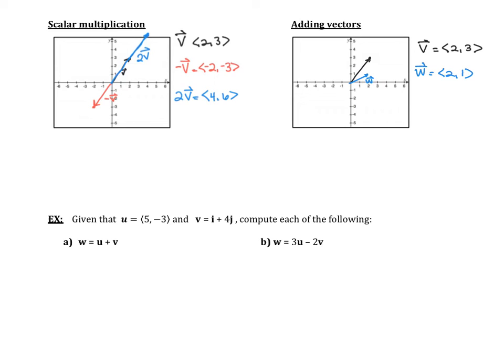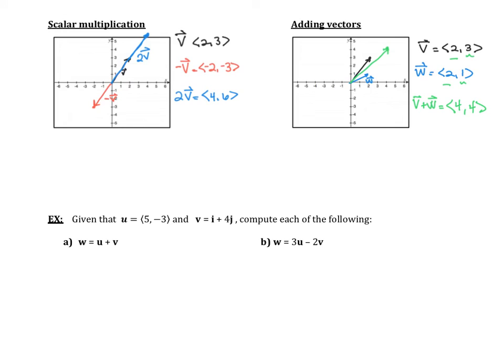Well, algebraically, it's not that exciting, really, because if we do vector V plus vector W, we add each component separately. So we would add the 2 plus the 2 to get 4, and then we'd add the 3 and the 1 to get 4 also. And so V plus W would be the vector 4, 4.